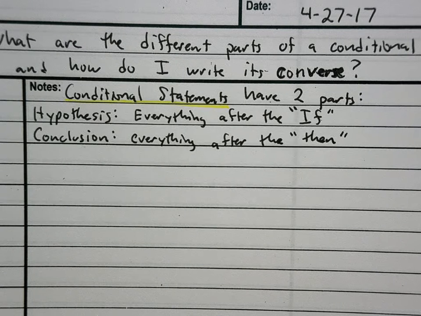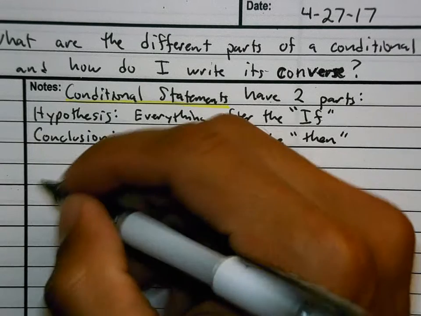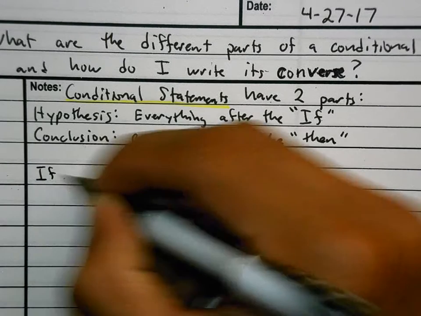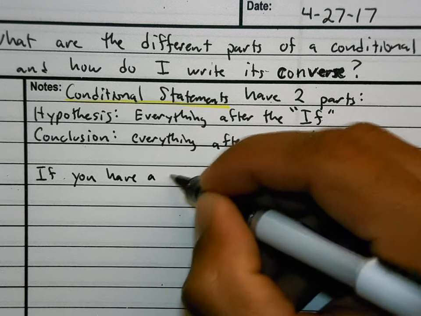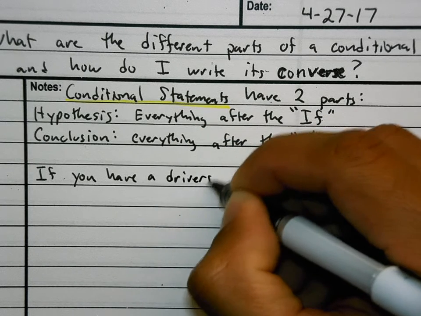So let's start off with a conditional statement that I wrote down last year. It may or may not be true because it's conditional, but let's just write it down anyways. It says this: if you have a driver's license, then you can drive a car.